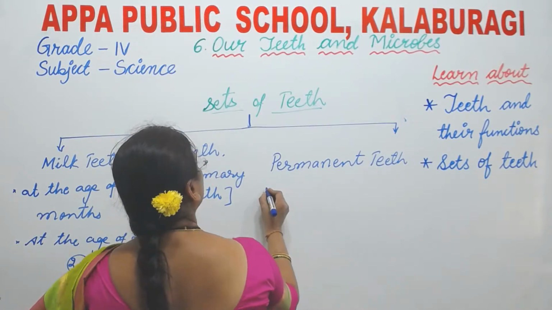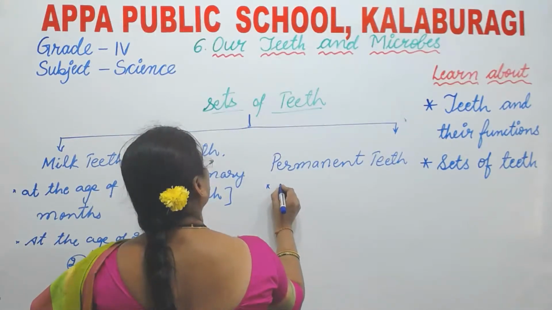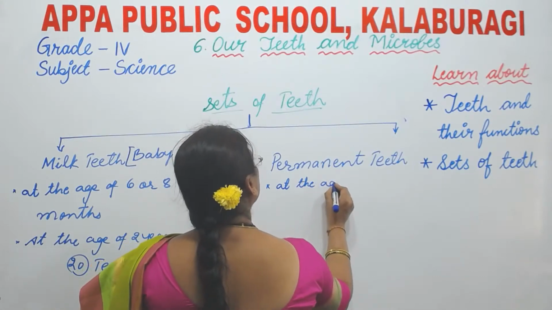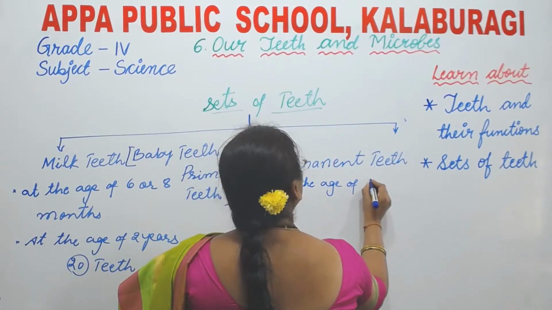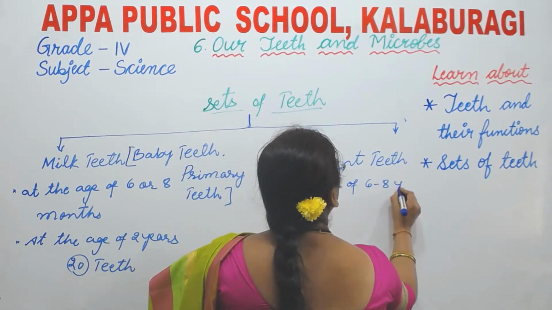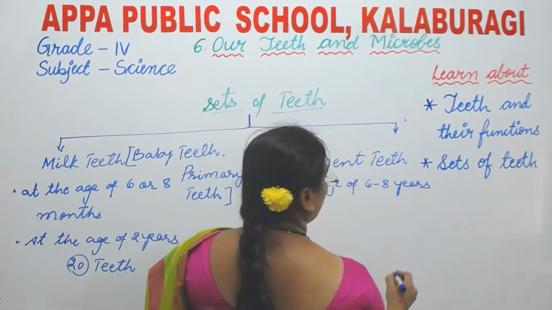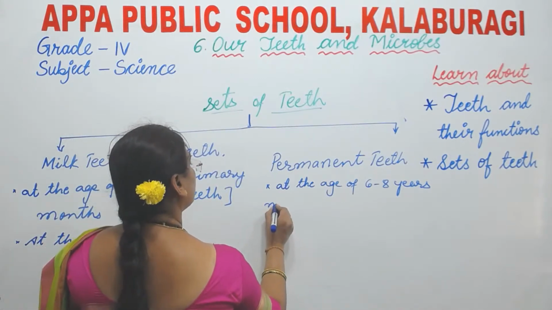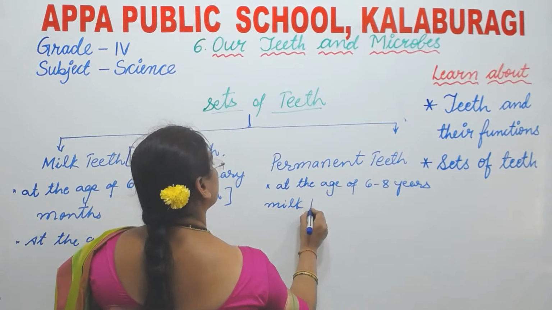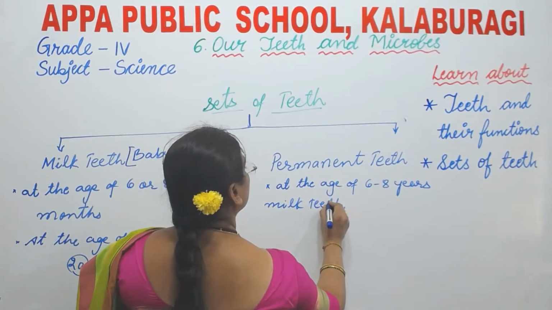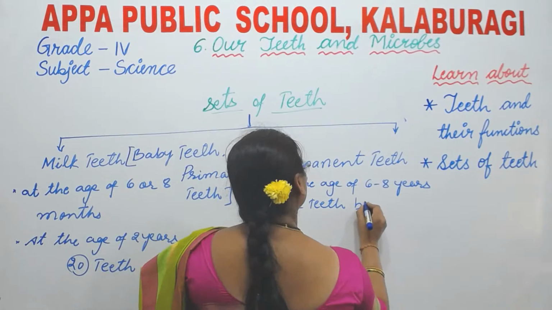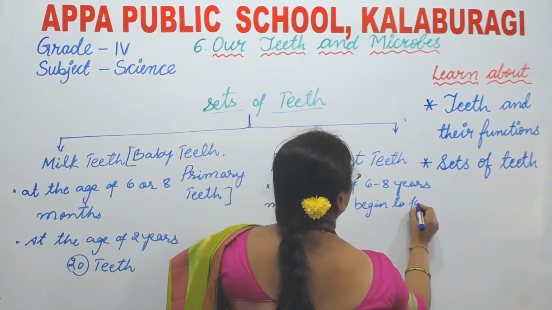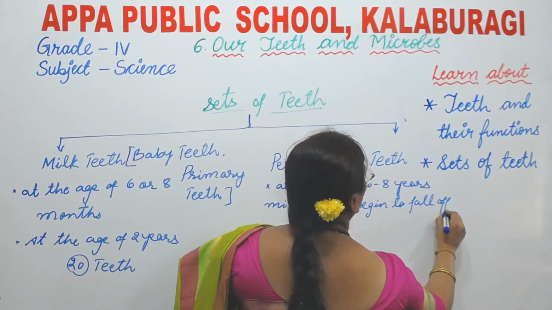At what age? At the age of 6 to 8 years. What will happen? The milk teeth begin to fall off.